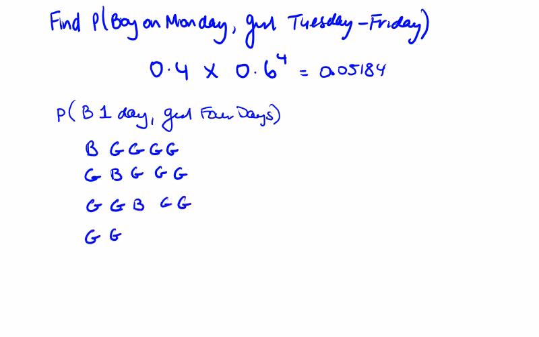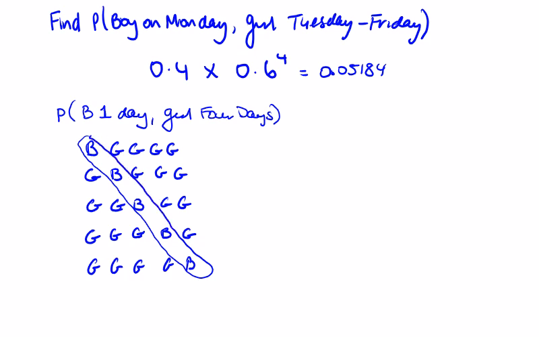We can have girl, girl, girl, boy, girl. And the 4 girls could be Monday to Thursday, and the boy could be Friday. You can see here that there are 5 days to choose from, and we're choosing 1 boy.